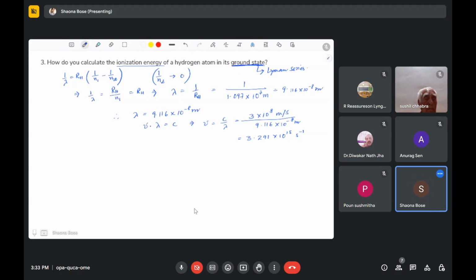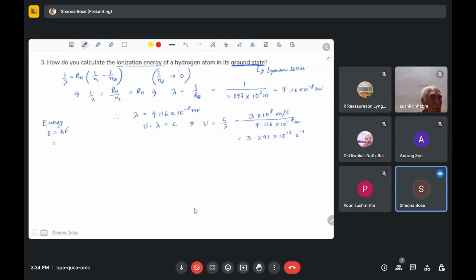And so from Planck's equation, you know that energy E is equal to h nu.